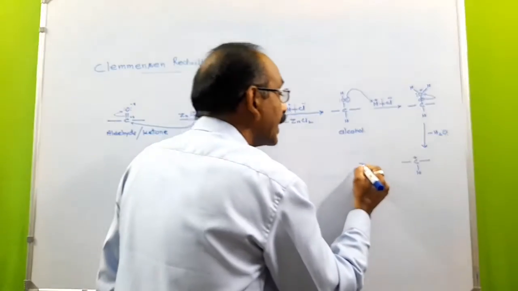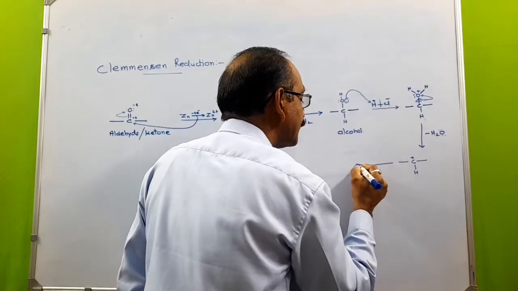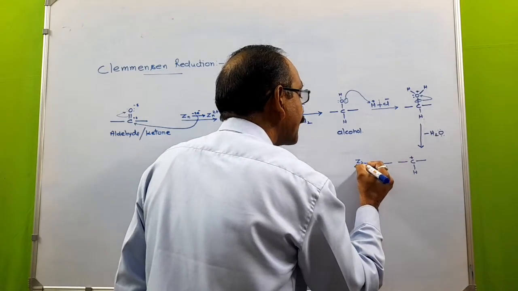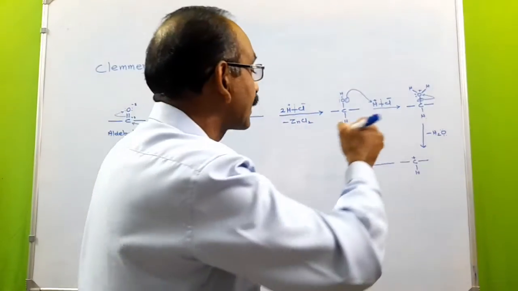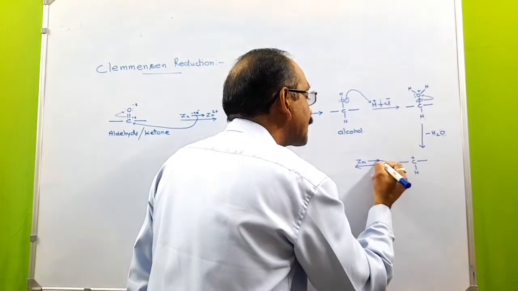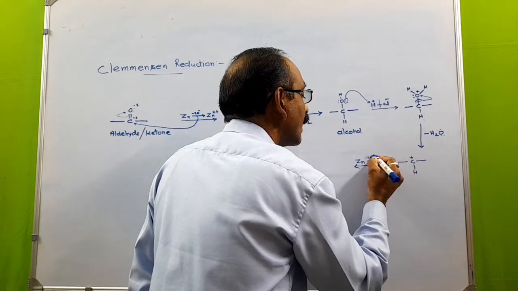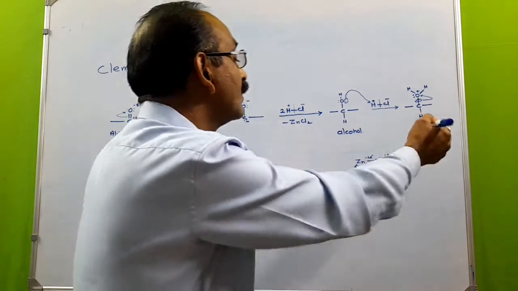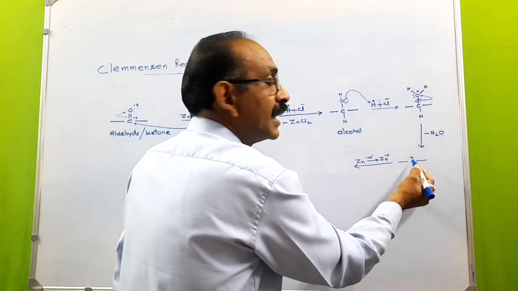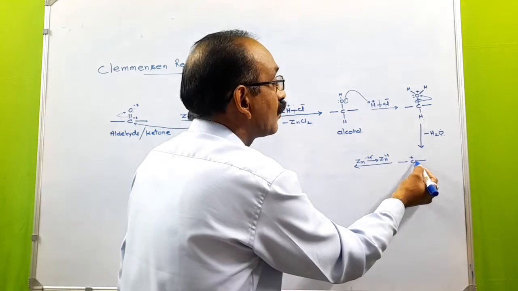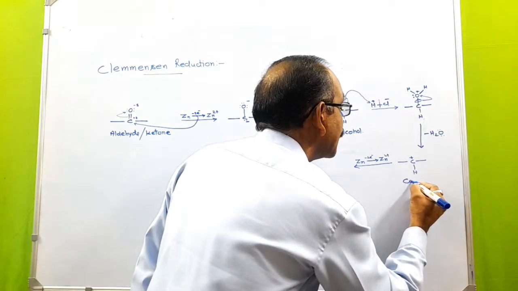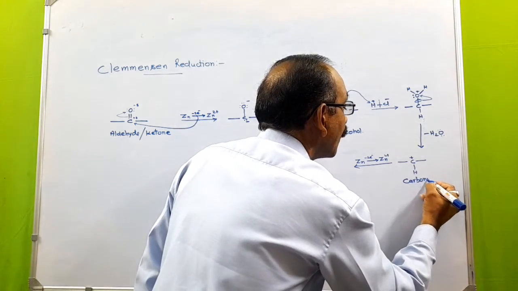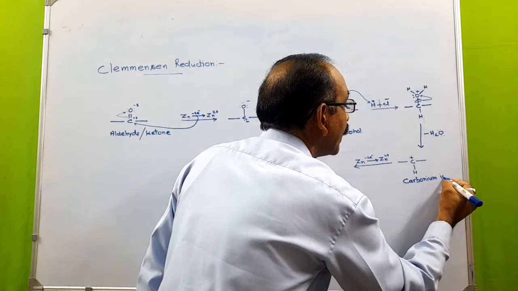Now in order to compensate its positive charge, again another Zn atom loses its two electrons and comes in the form of Zn2 plus. Now these two electrons are taken by the electropositive carbon. This one is a carbonium ion.